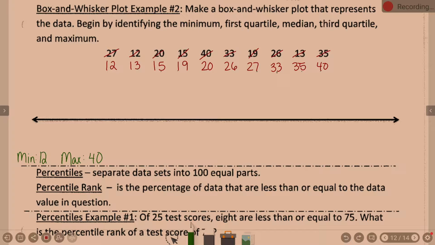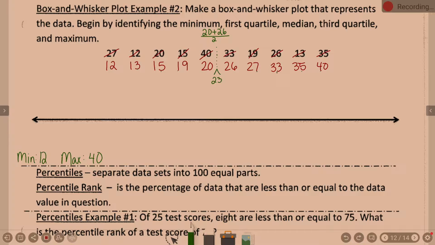So my median is between 20 and 26, right? Yep, 20 and 26, so it is 23.